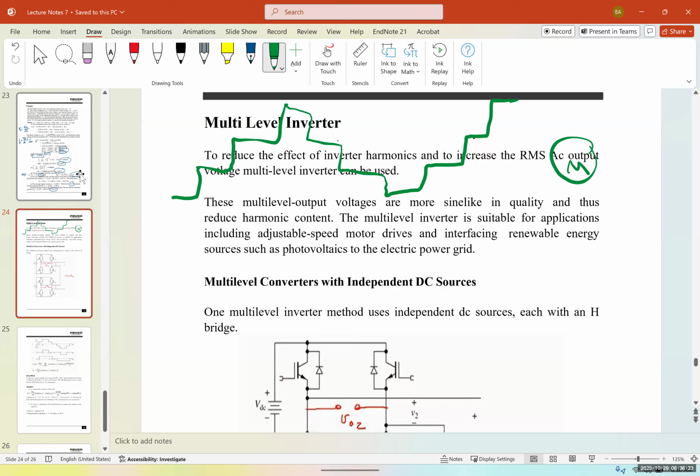So you're damaging one motor. But what if you have a solar farm, a wind farm, and you want to connect that to the grid? If you have an inverter that looks like this, it is going to damage the whole transmission line and the grid and the system, which the cost is way higher.